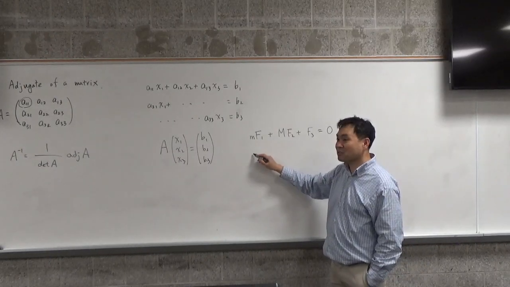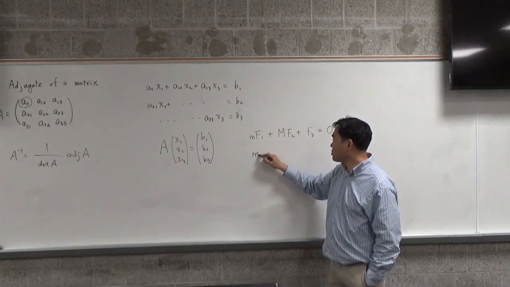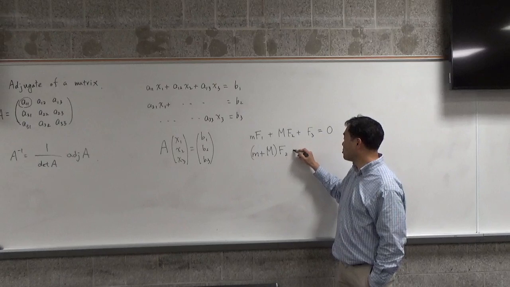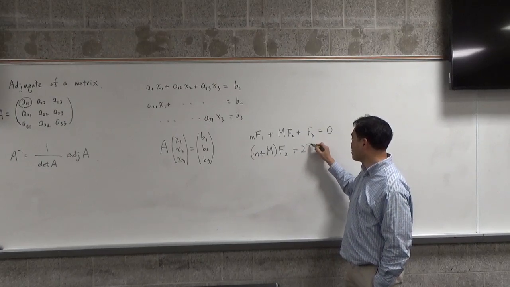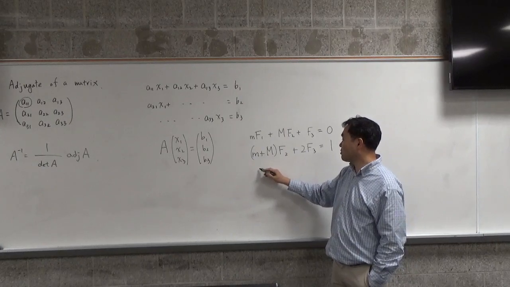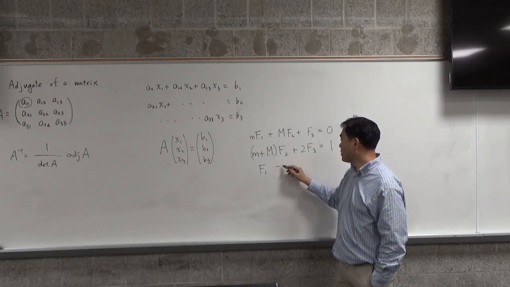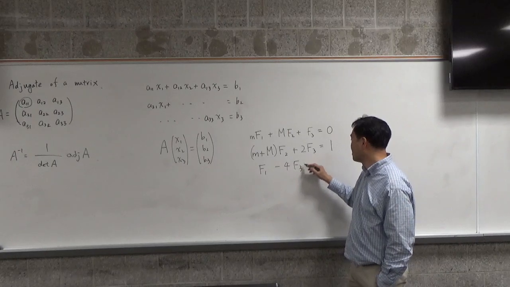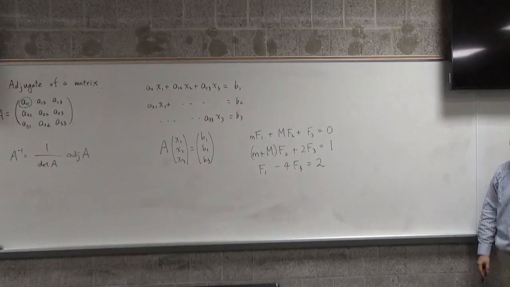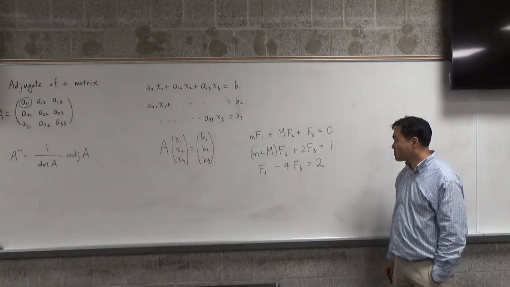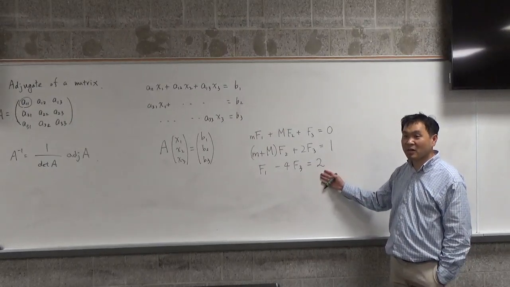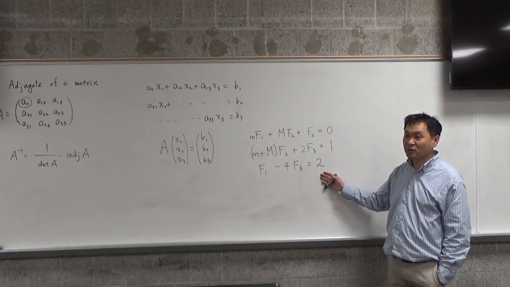Then in the next line you might have something like m plus capital M times F2 plus 2F3 is 1. And then let's say you have F1 minus 4F3 is 2. Suppose you were to solve an equation like this. Then trying to solve this with REF is a nightmare. You probably don't want to do that.